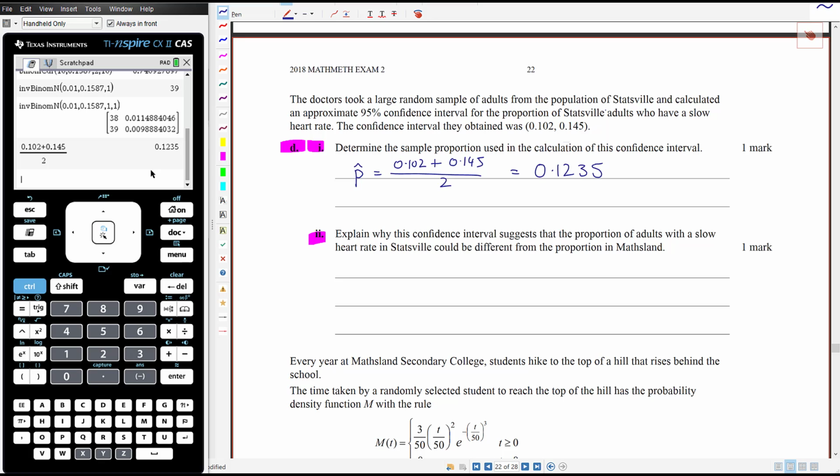Okay, so for Mathsland, P is equal to, and it's not P hat, it's P. P is 0.1587, which is not within the 95% confidence interval for Statsville.